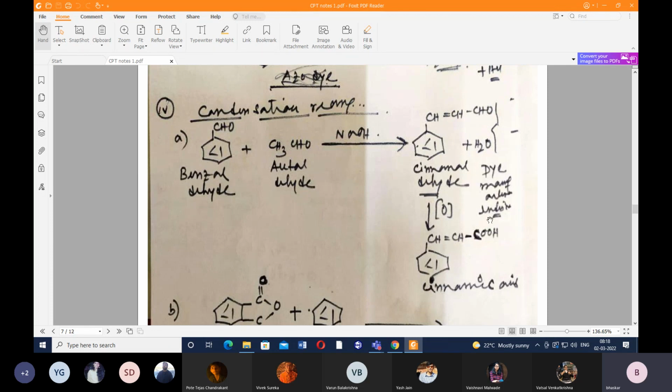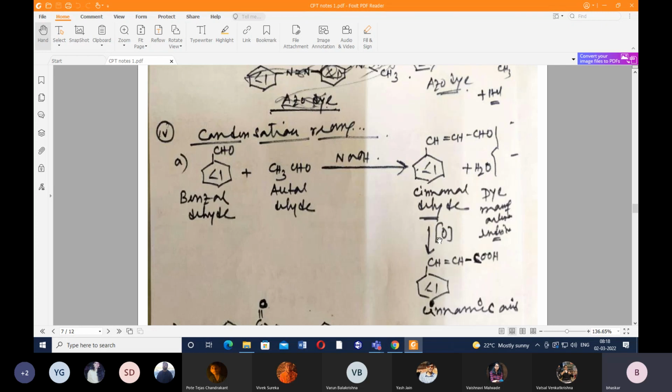In the dye manufacturing industry, we use cinnamic acid. Cinnamic acid has a chemical formula of C6H5CH double bonded CH single bonded COOH. So this is cinnamic acid. Can anybody tell me what could be the oxidizing agent here?